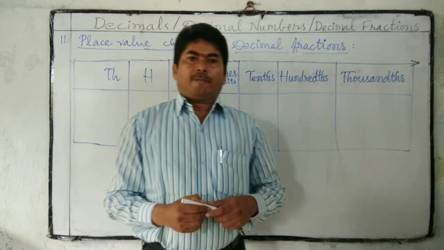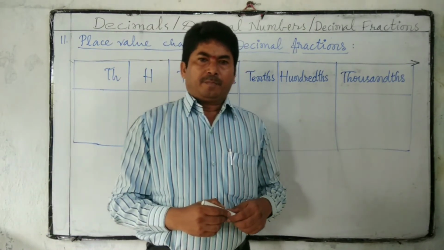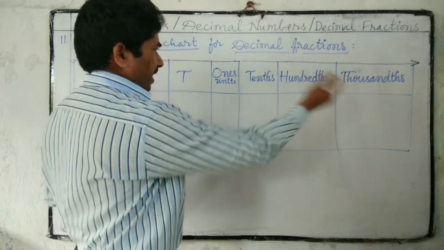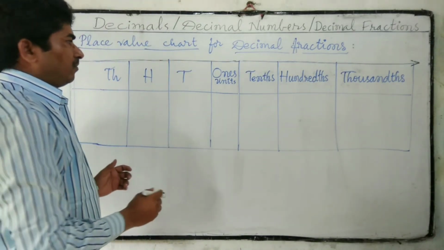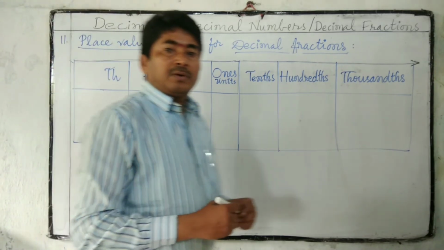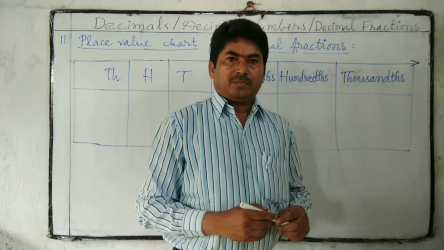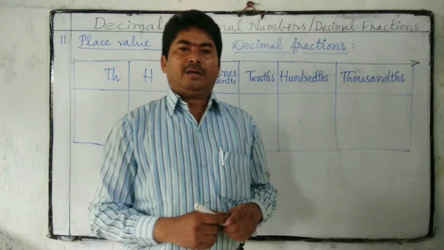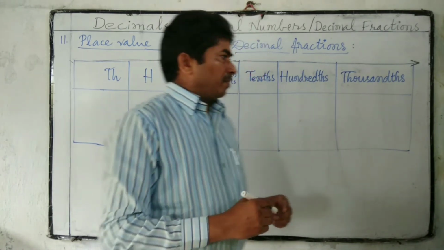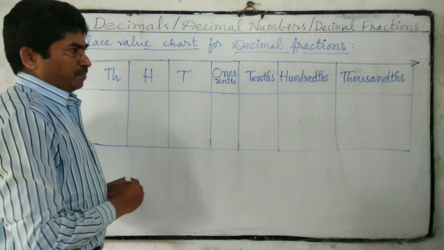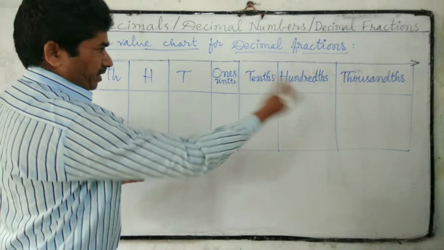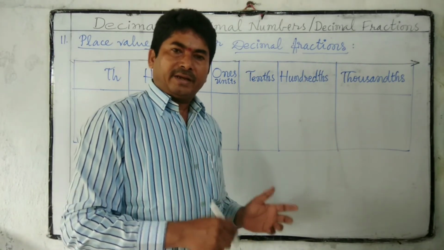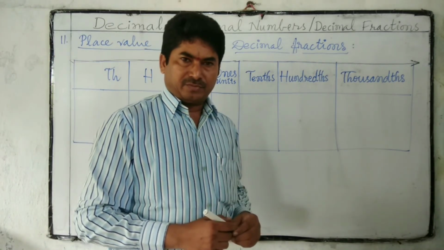We know that every time a digit moves from right to left, the value of the digit increases 10 times, and every time a digit moves from left to right, the value of a digit decreases 10 times.